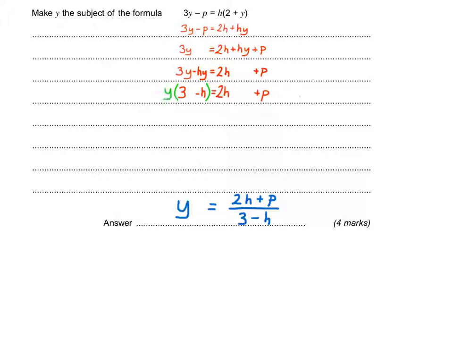Okay, so y times that equals that. If I divide by that thing that's in the brackets, I can get the y on its own. So dividing everything by the thing that's in the brackets, I just get the y on its own, and y equals the thing I had before, 2h plus p, divided by the bracket, 3 minus h.